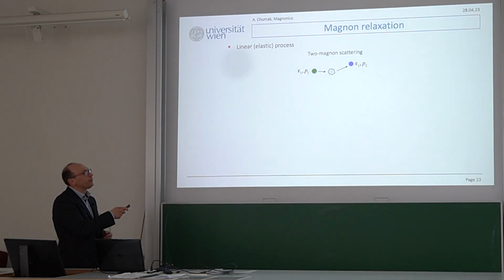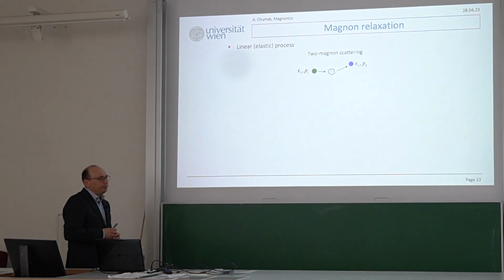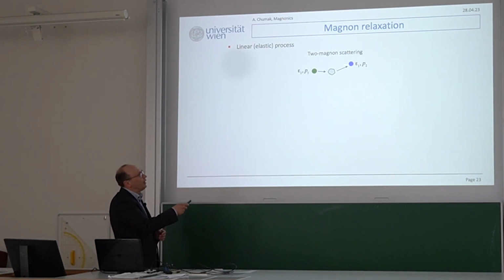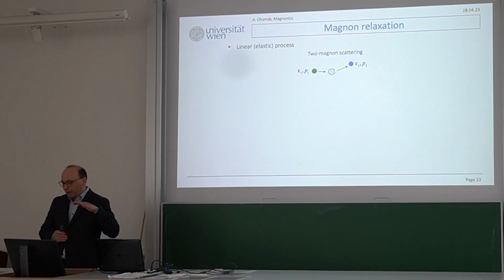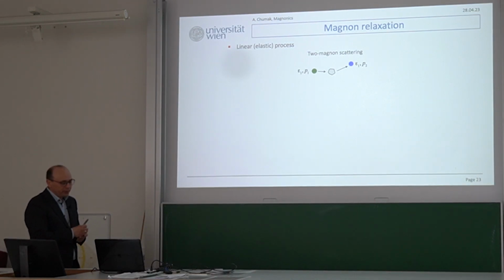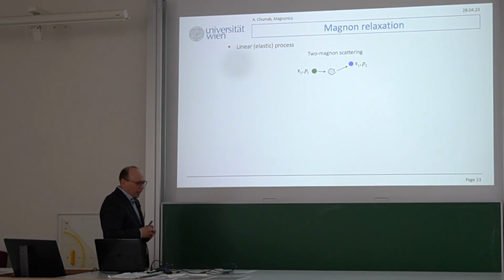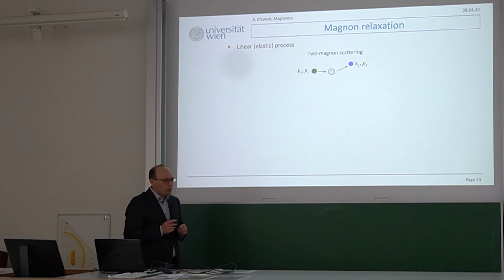So this is a scattering mechanism where you keep energy, so the new magnon will have the same frequency, but another momentum. And this is a very powerful mechanism, very important.